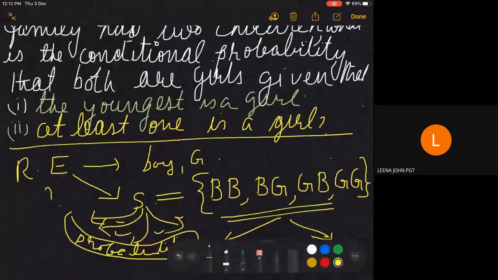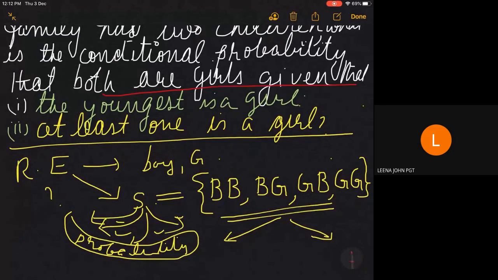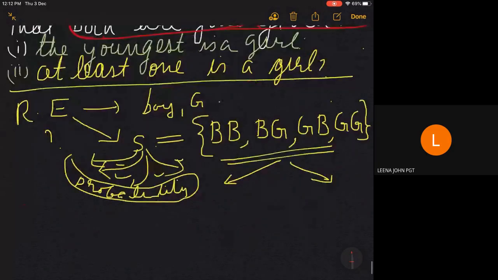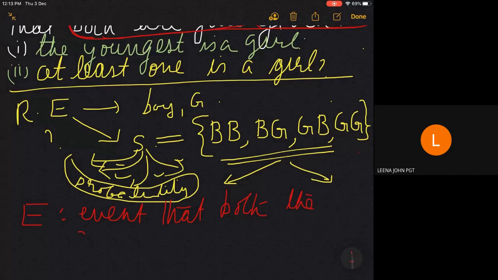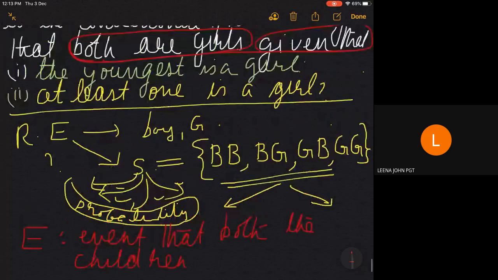What is the probability that both are girls, given, that means with another condition. So the main part is you are finding the probability that both are girls. So we can define E as the event that both the children are girls.